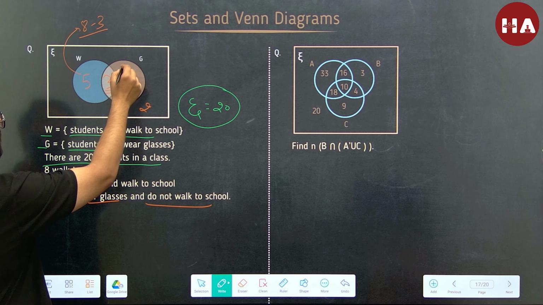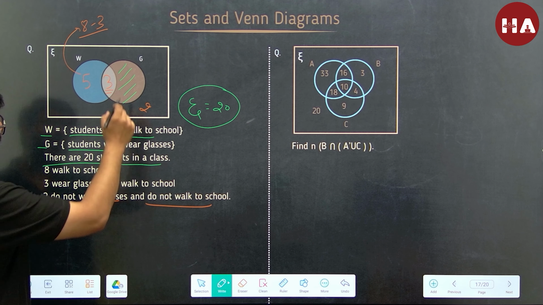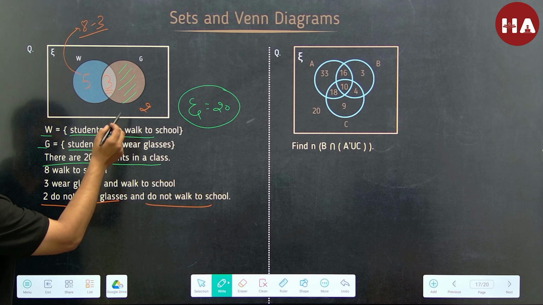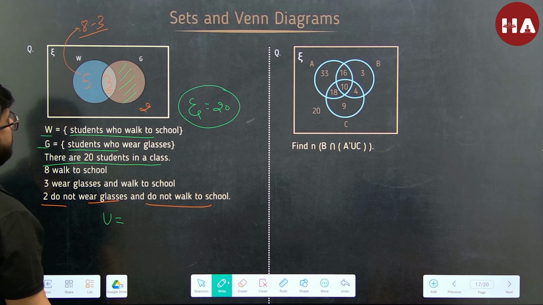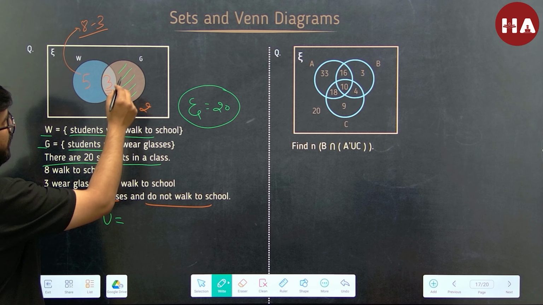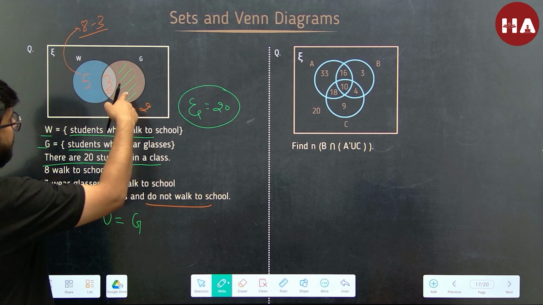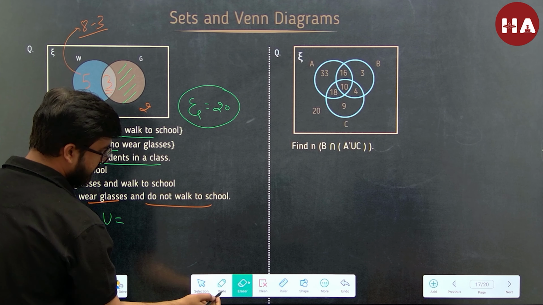Now I have to find the value of G, that is the whole portion excluding the W part. As I know, the universal set comprises all the values. So I'll subtract the other values from the universal set number.